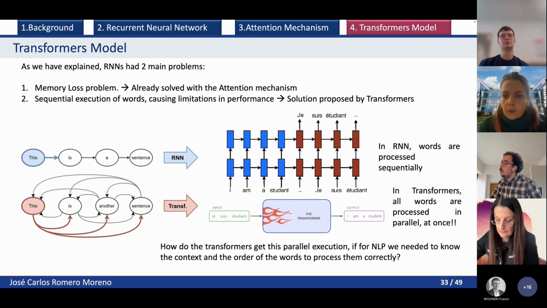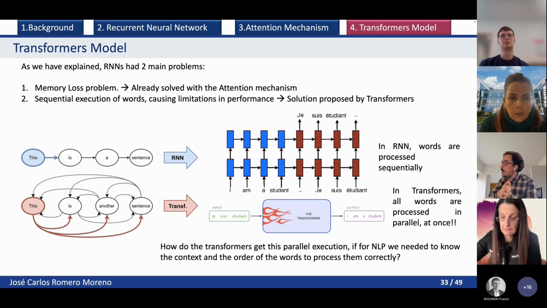If we remove the recurrent neural network, we don't need this sequential and really slow processing. To compute this attention value for each word, you don't need the other words, so you can process each word in parallel. You can process all of the words of your text or your database at once.